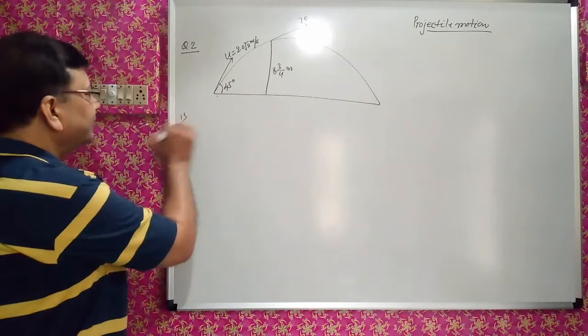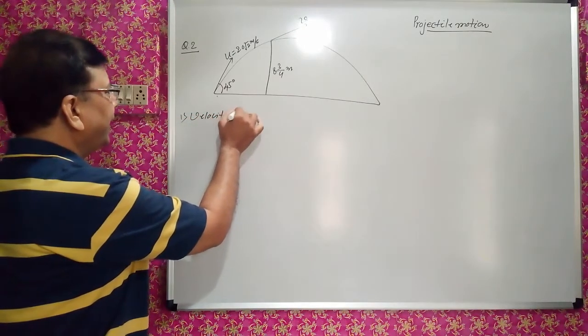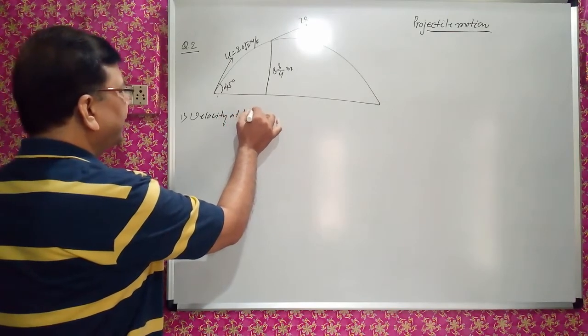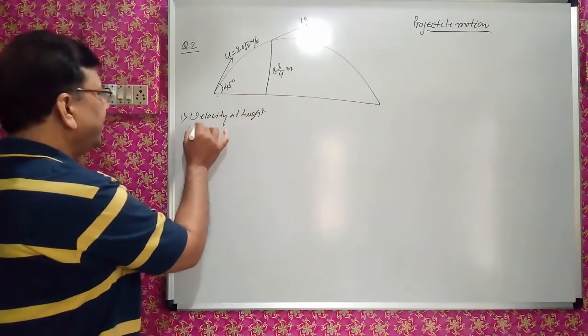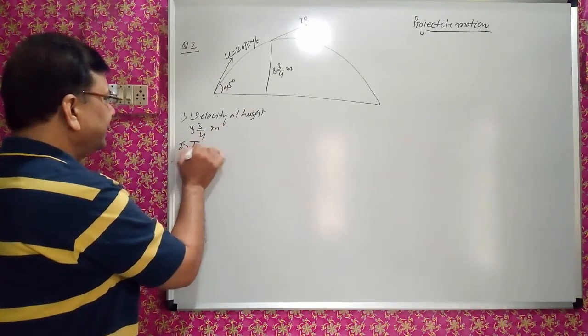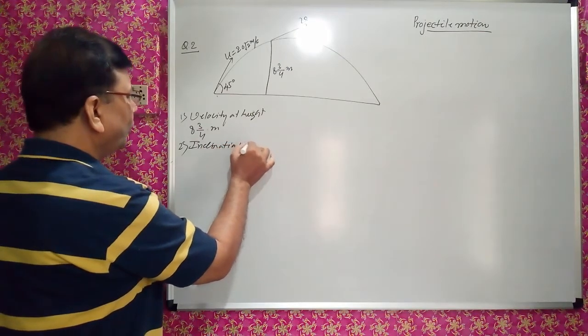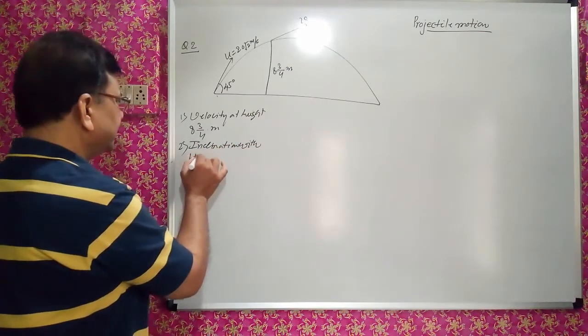So what is needed? First, velocity at height 8.3/4 meter. Second, inclination with horizontal.